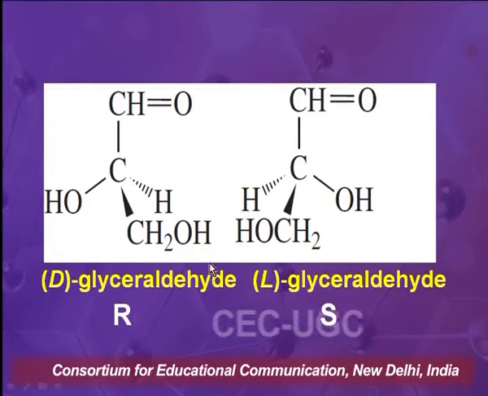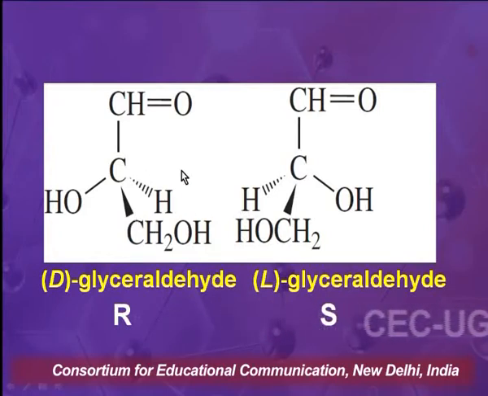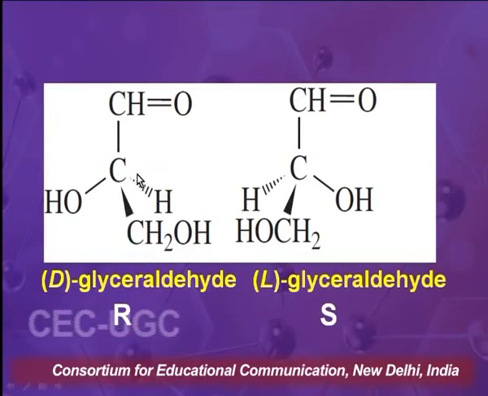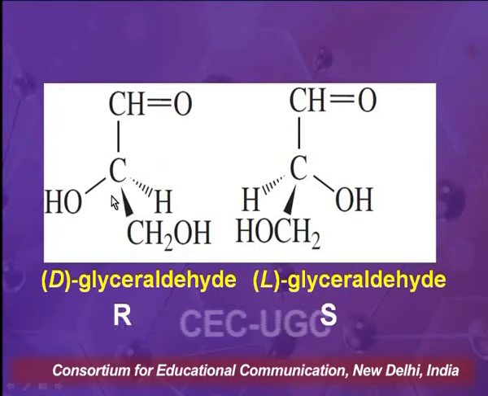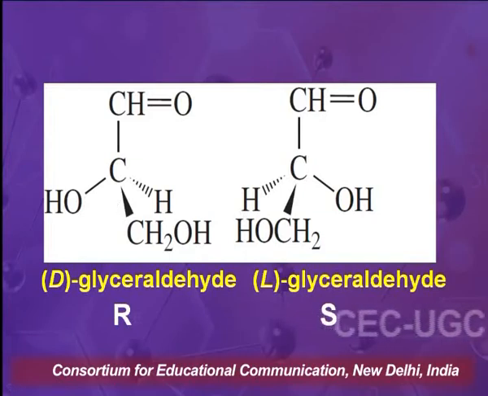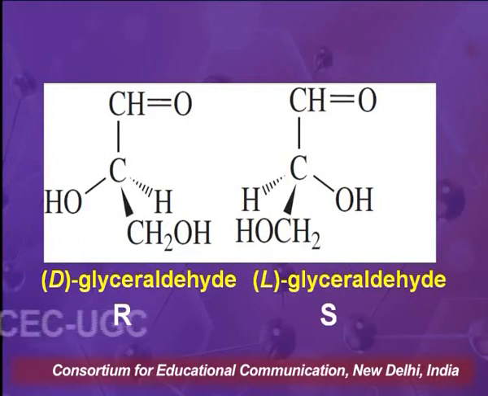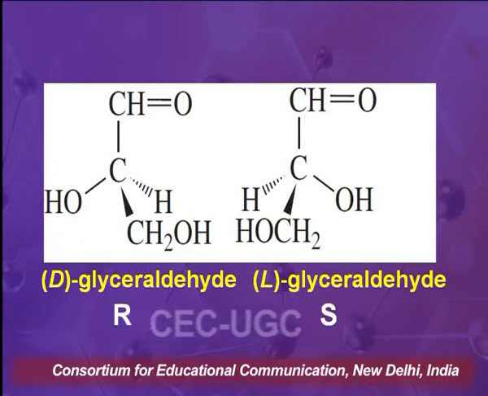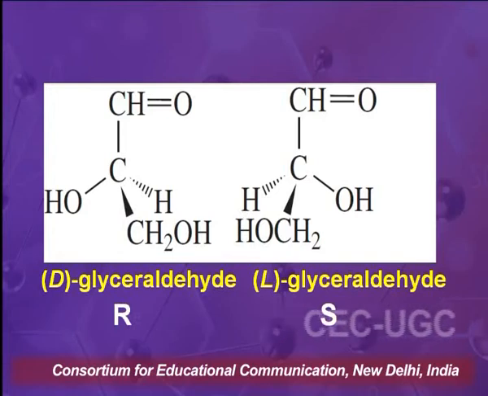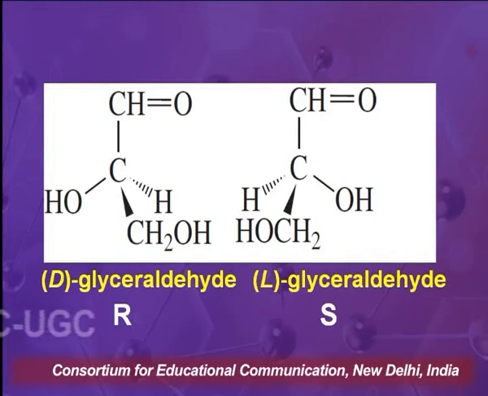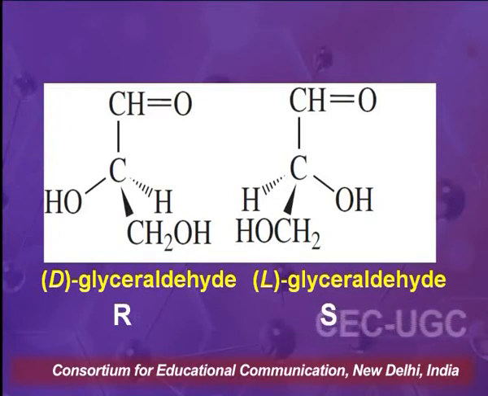So now imagine you've been given this perspective formula and you've been asked to give its configuration, capital D or capital L. How will we do this? The first alternative is that we convert it into Fischer's projection, and this also I have discussed in great detail in my previous lectures.